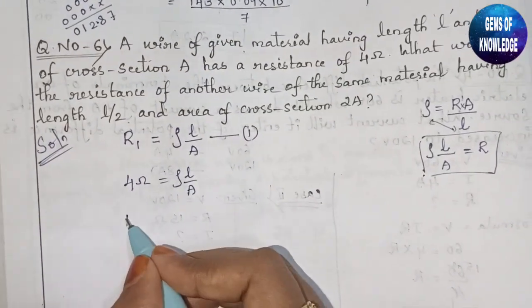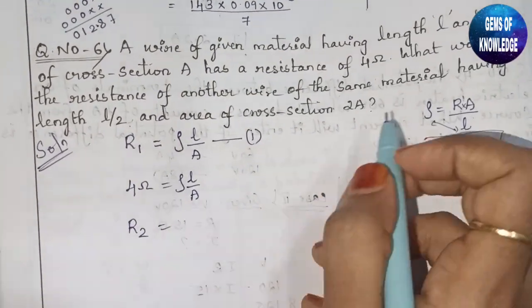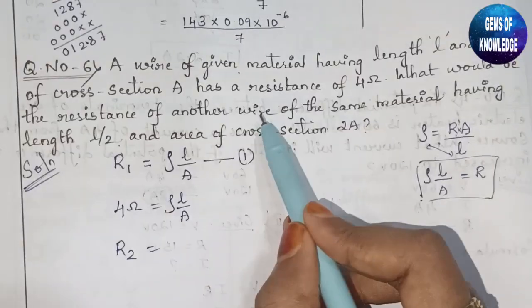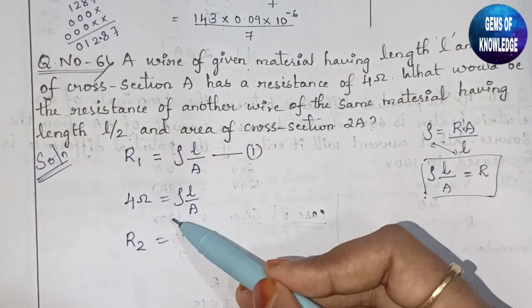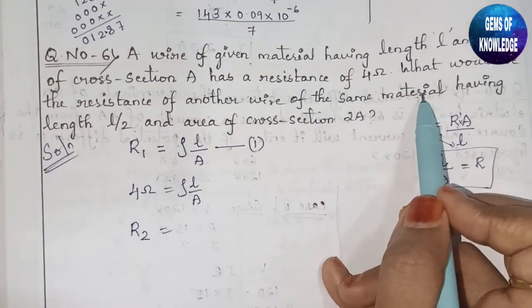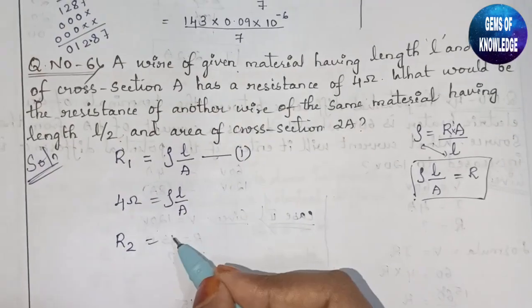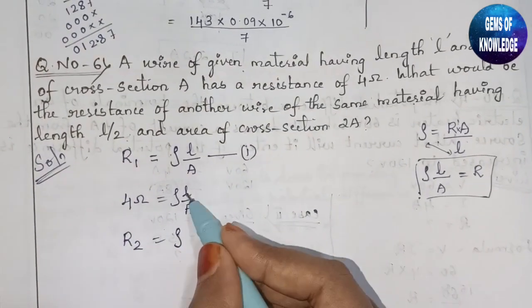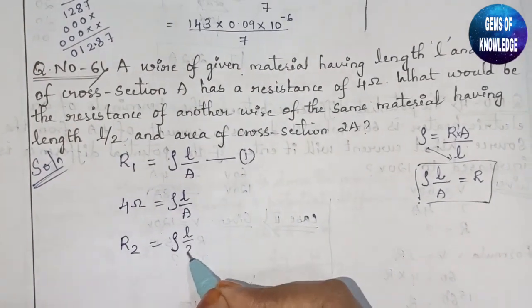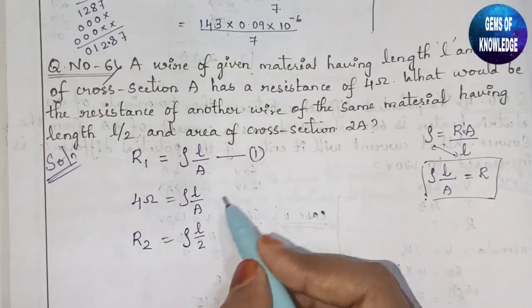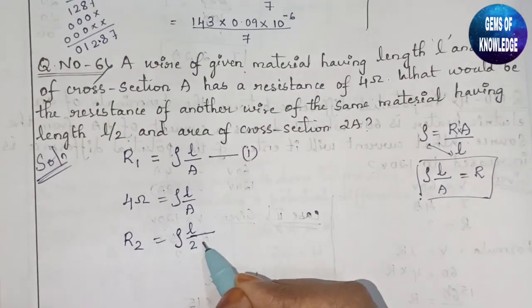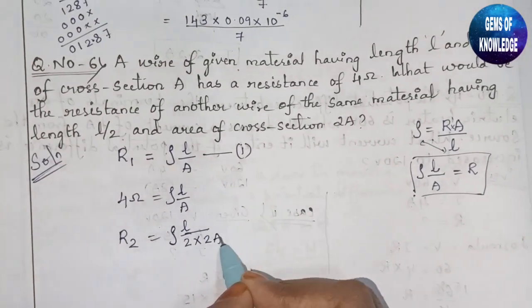Okay. Next, for the next wire R2, see here, what would be the resistance of another wire? So this another wire we have taken it as R2 of the same material having length. Okay. So rho is as it is, length is L by 2 and area of cross section is 2A. Area of cross section must be here, that is 2A. Okay.